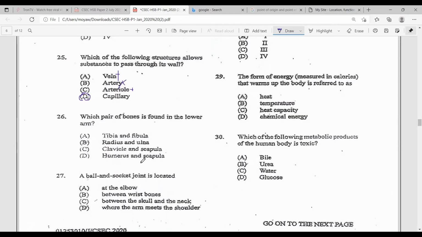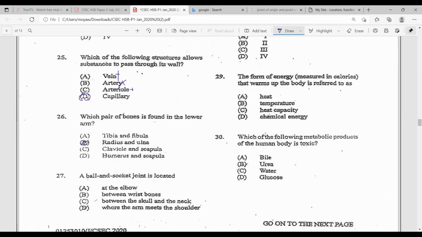So now, students, with this one, we can eliminate the tibia and the fibula, which are in the lower body, the leg, in the foot area. Then the radius and the ulna would have been the best option. They're in the lower region of the arm, like they ask. So B would have been our best option.